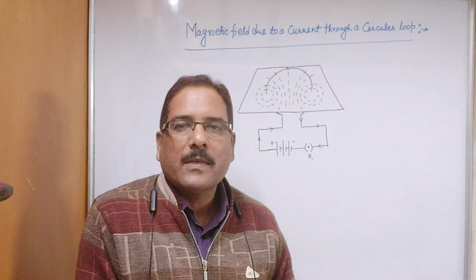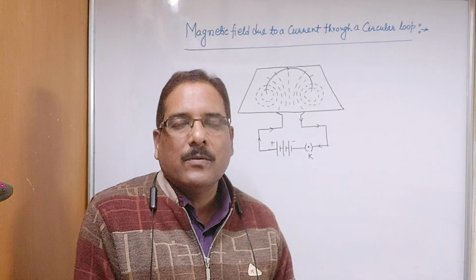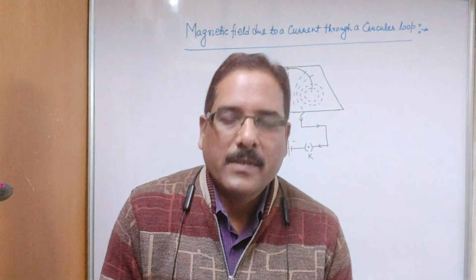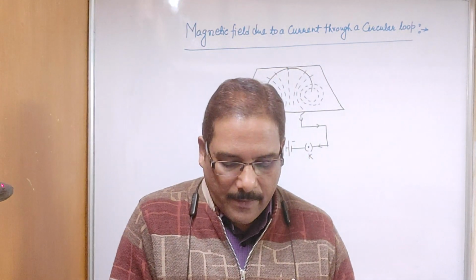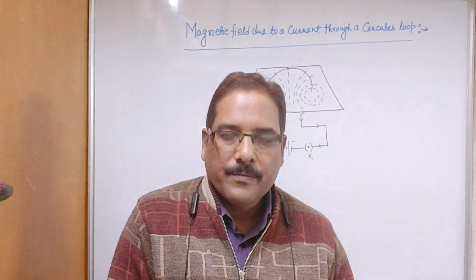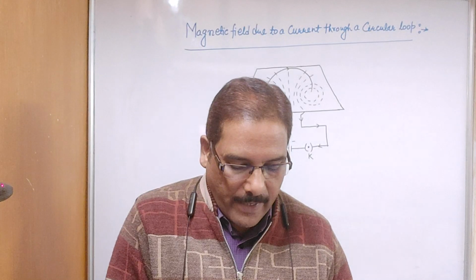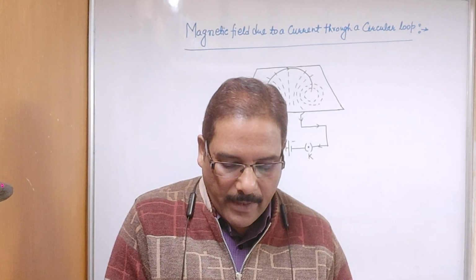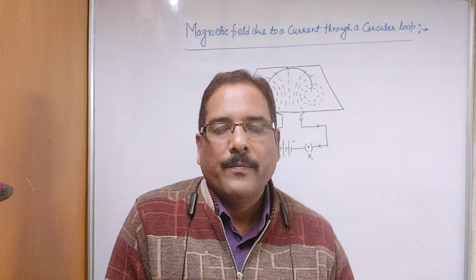Now reading the first paragraph given on page 229 of the NCERT book, you also concentrate. We know that the magnetic field produced by a current carrying wire at a given point depends directly on the current passing through it.